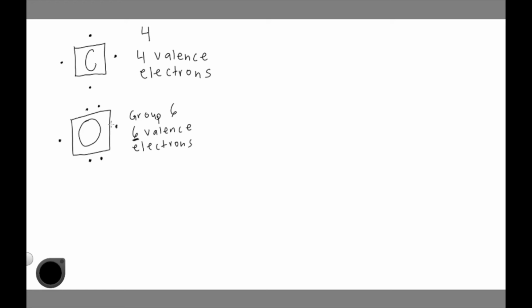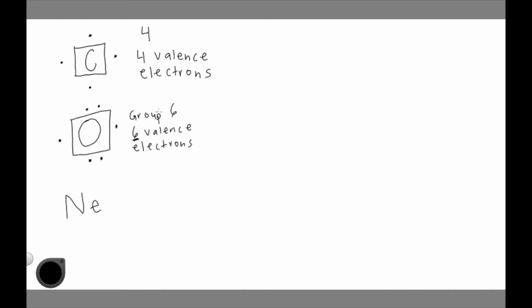And finally, let's go ahead and try drawing the Lewis dot structure for the element neon. So neon has the symbol Ne, right?